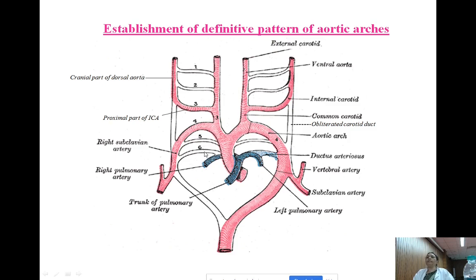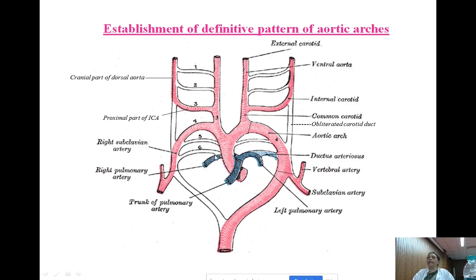The fifth arch is obliterated very soon, and the sixth arch is involved with the aorticopulmonary septum, which divides the aortic sac into the aorta and the pulmonary trunk. So the aortic sac will form the pulmonary trunk, which is connected to the dorsal aorta by the sixth aortic arch.